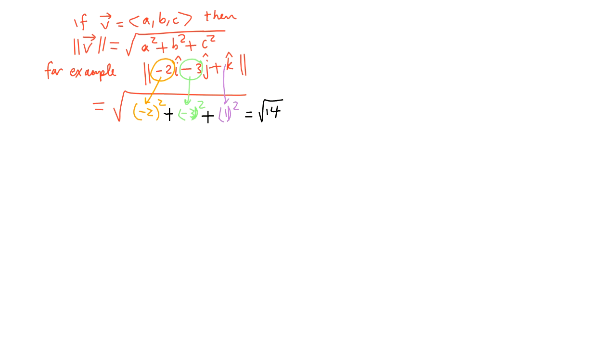Now, in order to define what is the direction of a vector, we need to define the so-called unit vectors.